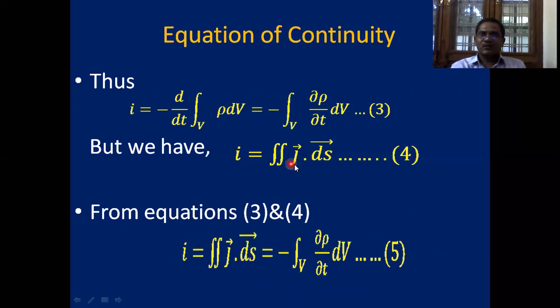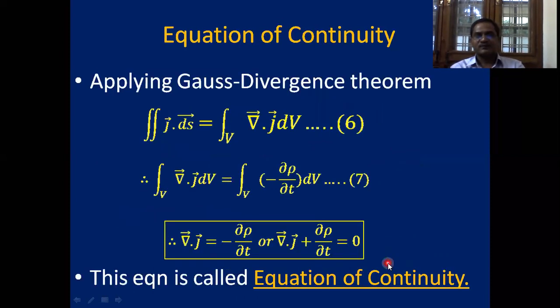But we have I equal to the surface integral of j bar dot dS bar. This is equation 4. Then I equals the surface integral of j bar dot dS bar, and from equations 3 and 4 we write minus the volume integral of dou rho by dou t dV. It is equation 5.